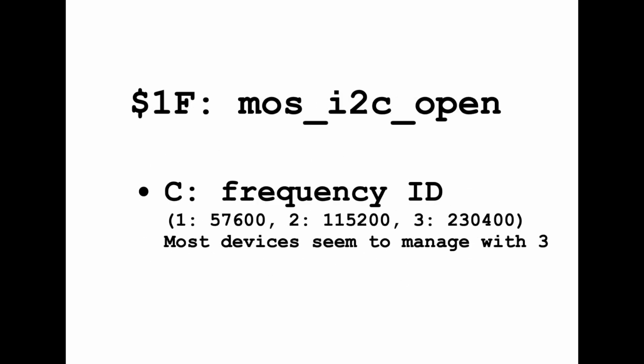The i2c open command takes one parameter, and that we put into the C register. It will be 1, 2 or 3 depending on what frequency we want the communication to run at. Most will work on 3. At this point we haven't actually defined what slave we're going to be talking to, simply that we're opening up the i2c bus for communications.